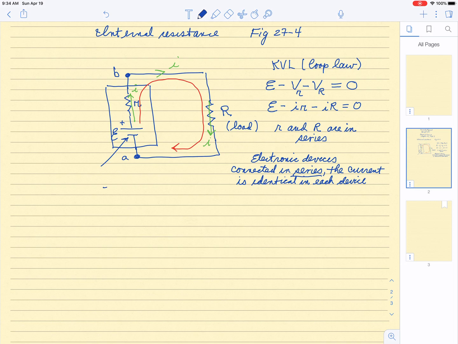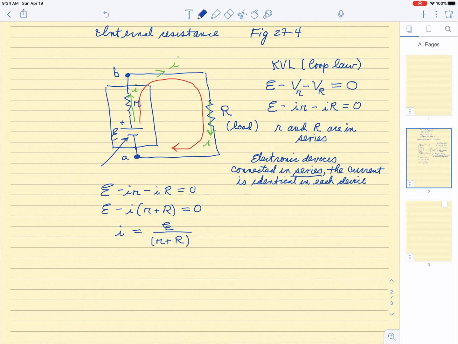So then this expression can be simplified if we factor out the current, since the current's the same in both devices, and we can actually solve for the current, which now is going to be equal to the EMF divided by the sum of the resistances.